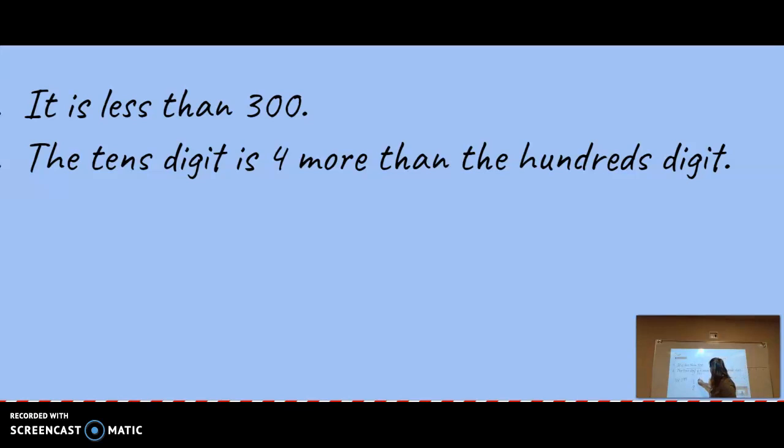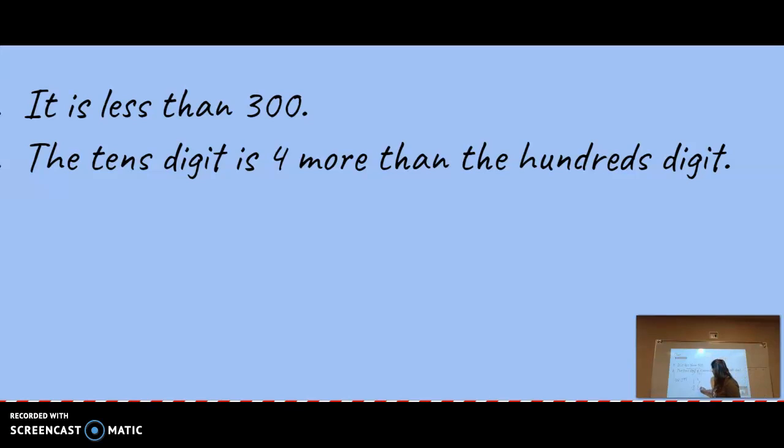So we already know that if it's a 1, it has to be a 5 in the tens digit. Now, we still have not gotten rid of the 2. So we have to ask ourselves, how much is 4 more than 2? If you said 6, you are correct.